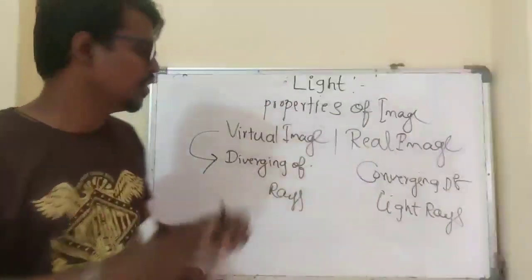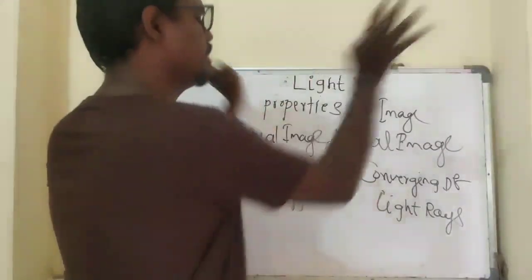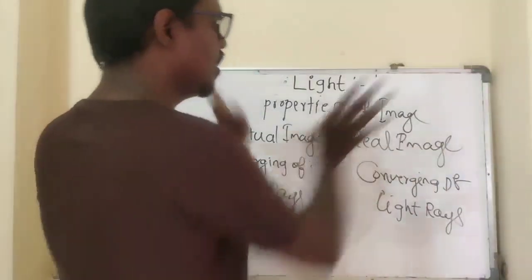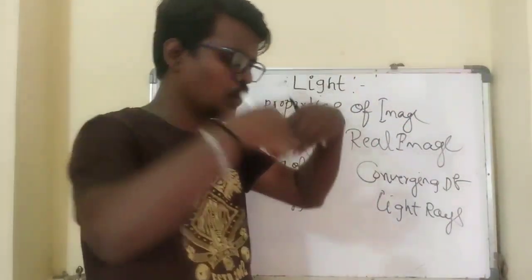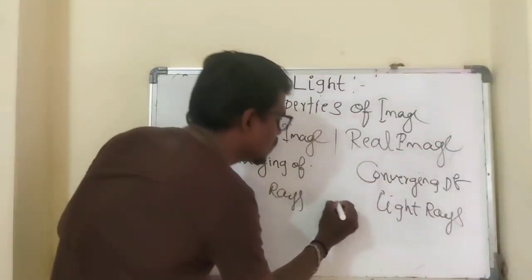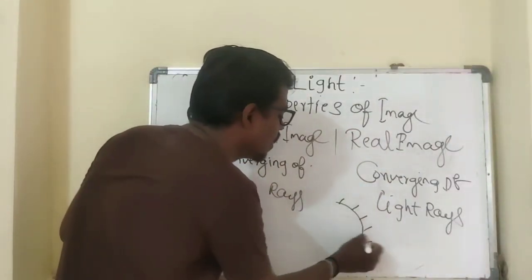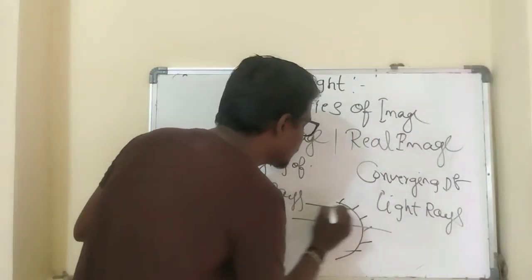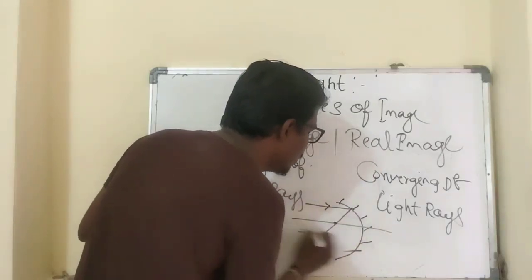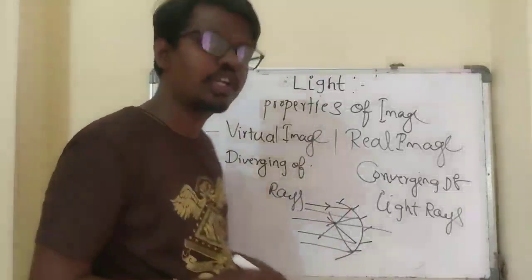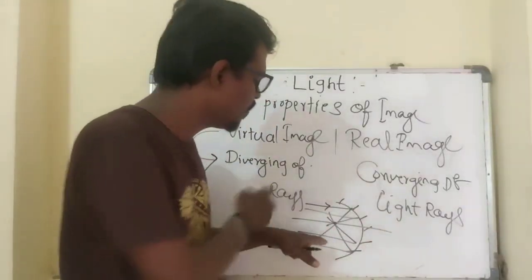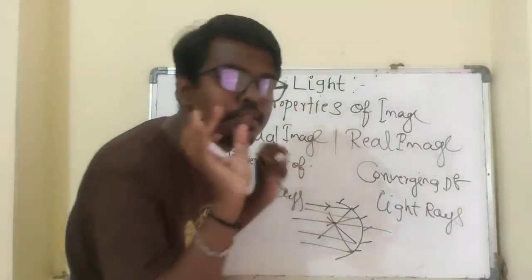Okay, already you know diverging means from one point the rays get reflected and spread out in all directions, but converging means those rays meet at a single point. So see here, this is a concave mirror, this is the incident ray, after reflection meeting, after reflection meeting. So what is this point? Previously I told that this point is the principal focus.